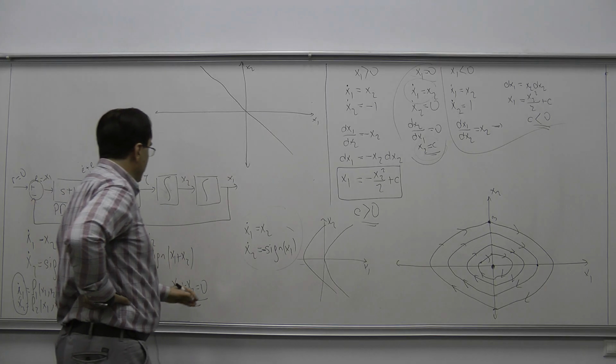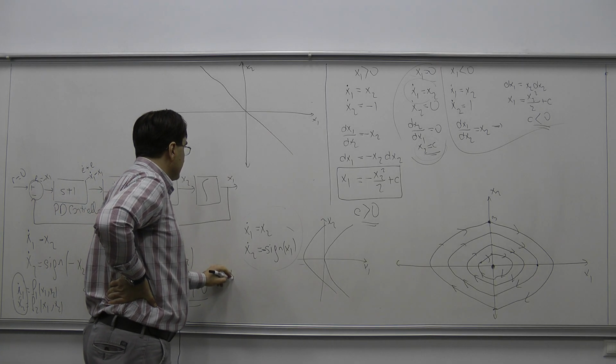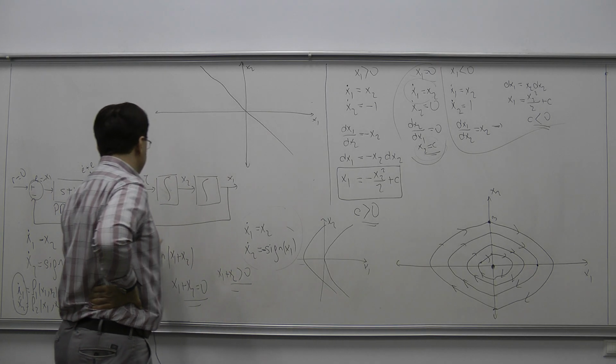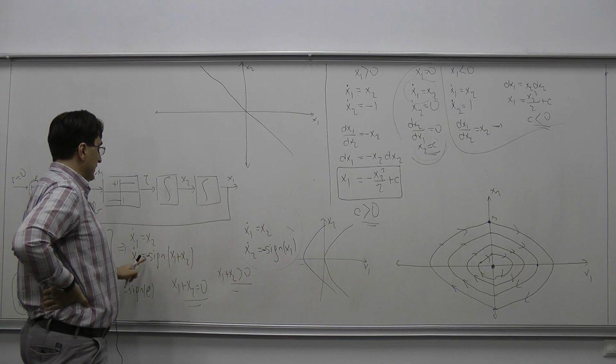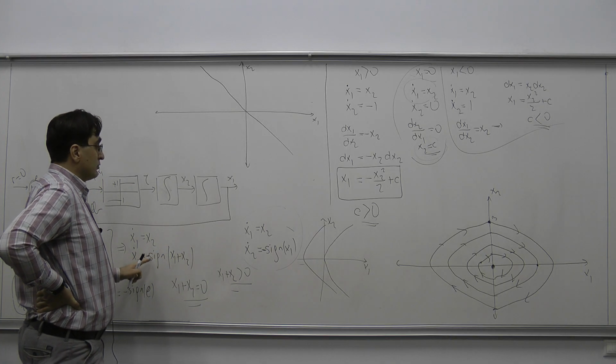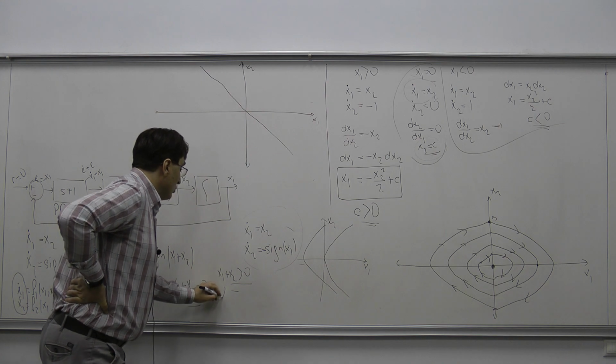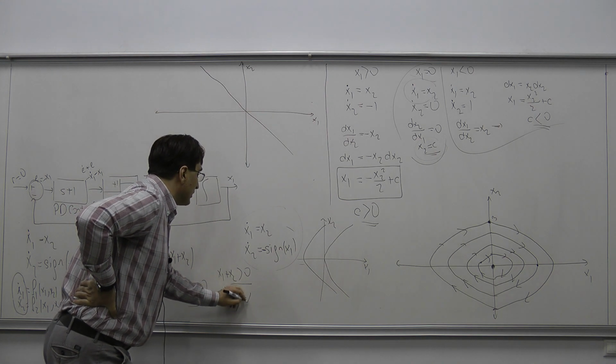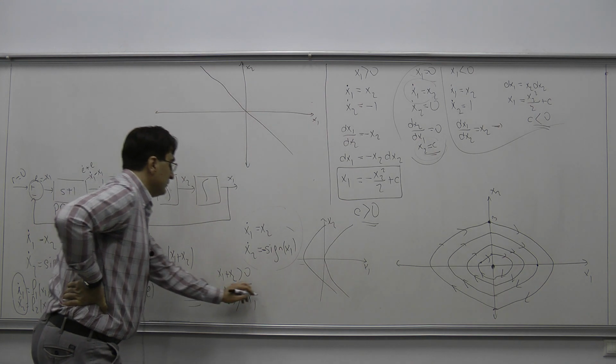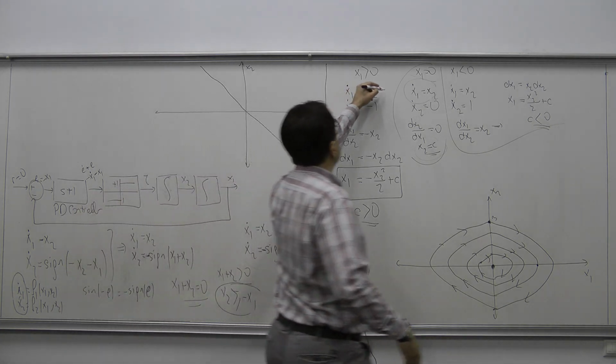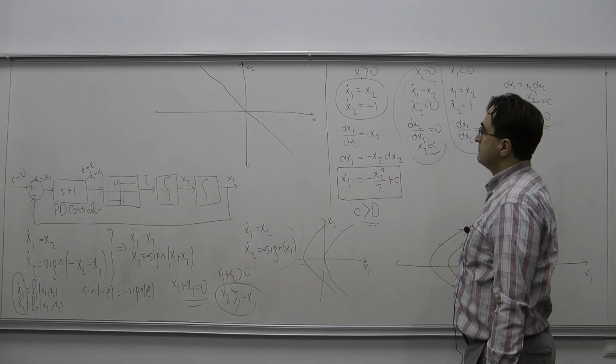So if x1 plus x2 is positive, then this value is going to be 1, and there is a minus 1 here, so I would have minus 1. So when x2 is larger than or equal to minus x1, then I would have this dynamics, okay?